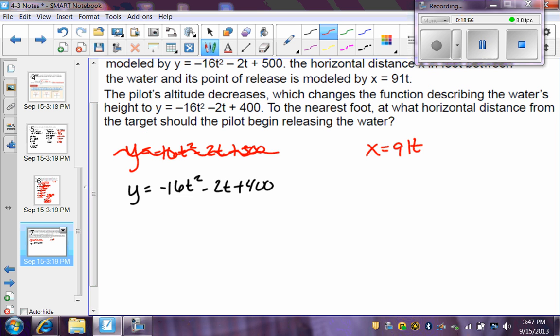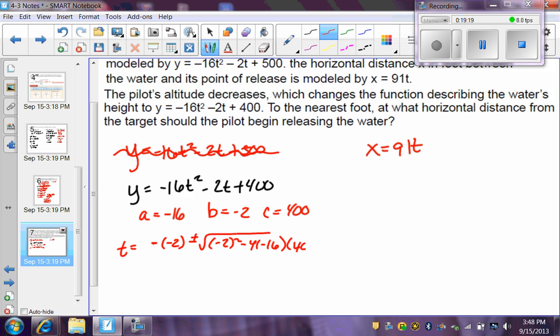So if I solve it using the quadratic formula, you know that a is negative 16, b is negative 2, and c is 400. So t equals negative b plus or minus the square root of b squared minus 4 times a times c, all over 2 times a, which is negative 16.